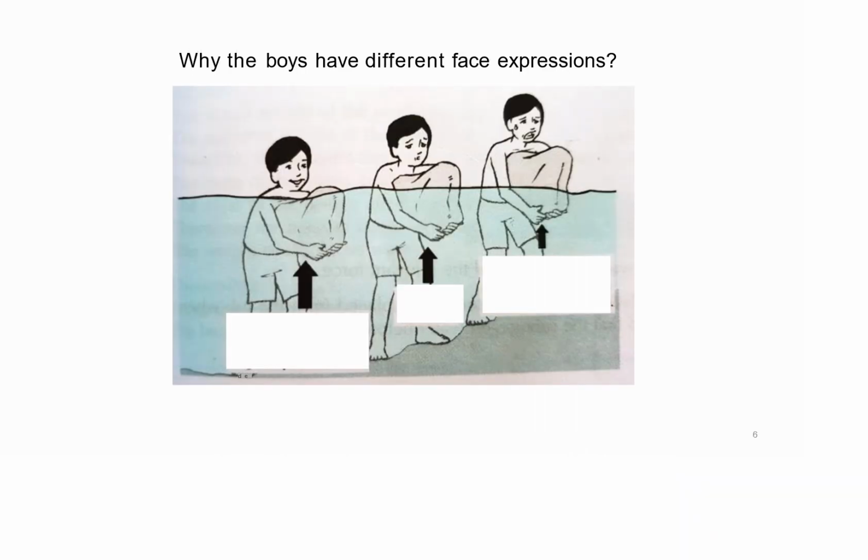Let's recall your knowledge on phase. We can see different phase expressions of the buoy. In the first, when the buoy carries the rock inside the water, the fish is very happy because they feel lighter.